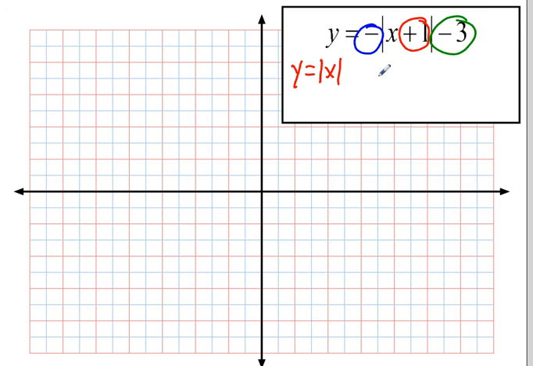This is the mother function. So this function is going to move 1 left, because remember it is x minus h, so this is actually a negative 1. It's going to go 3 down, and it is going to get flipped over the x-axis.